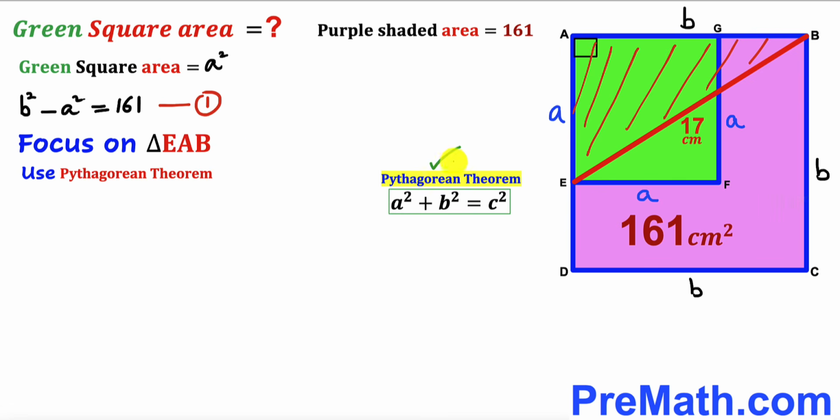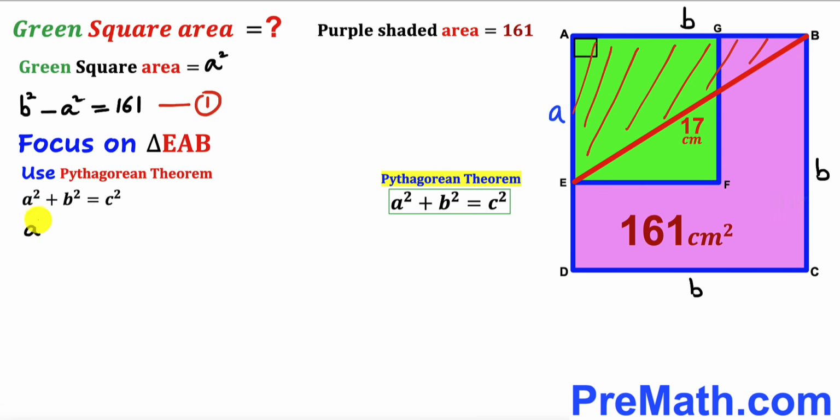Here's our Pythagorean theorem: a squared plus b squared equals c squared. In our case, our hypotenuse is 17 centimeter, whereas our two other legs are lowercase a and lowercase b. Let's fill in the blanks in this Pythagorean formula.